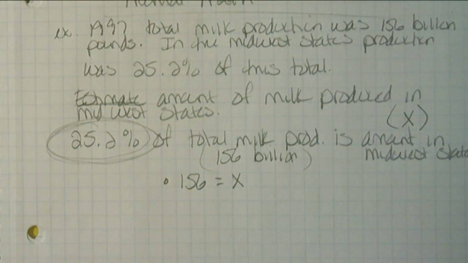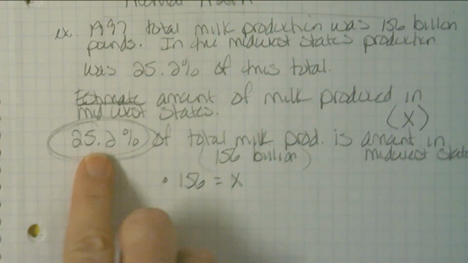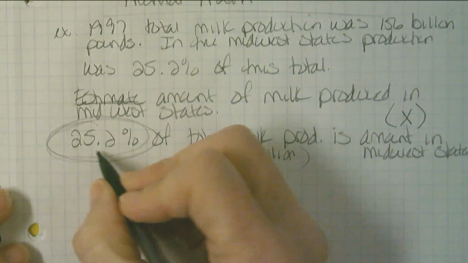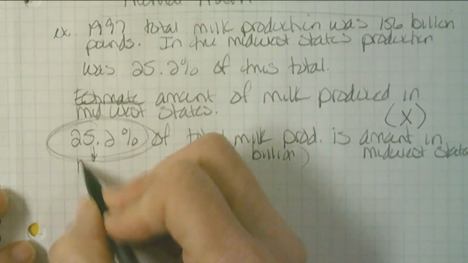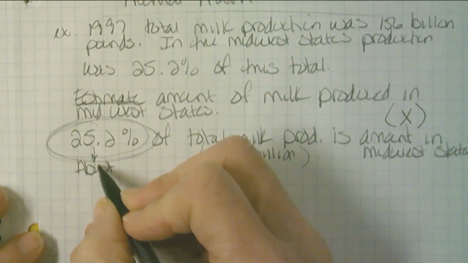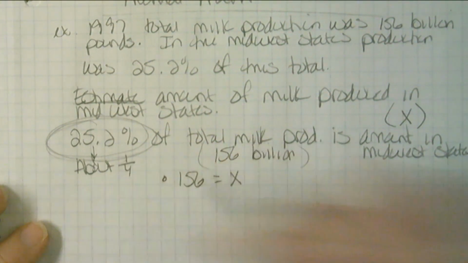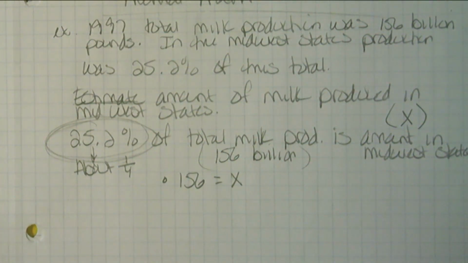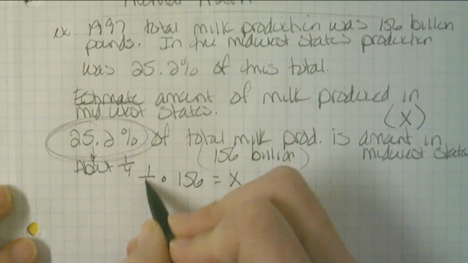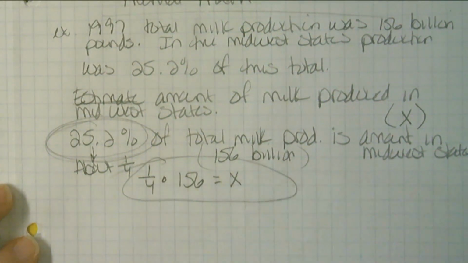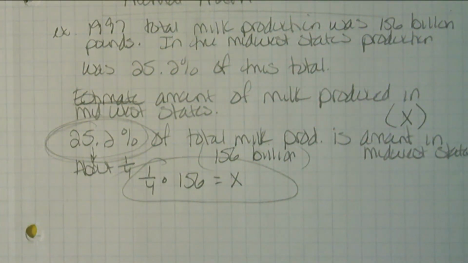What fraction is 25.2 close to? Ashton? Like 25%. Isn't this close to 25%? 1/4. Isn't this about 1/4? How many of you guys agree that 25.2% is about 1/4? All right, so I'm going to say 1/4 times 156 is equal to x.